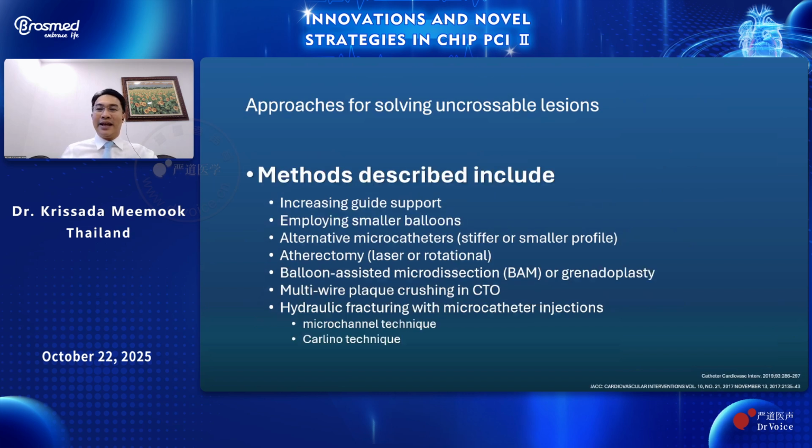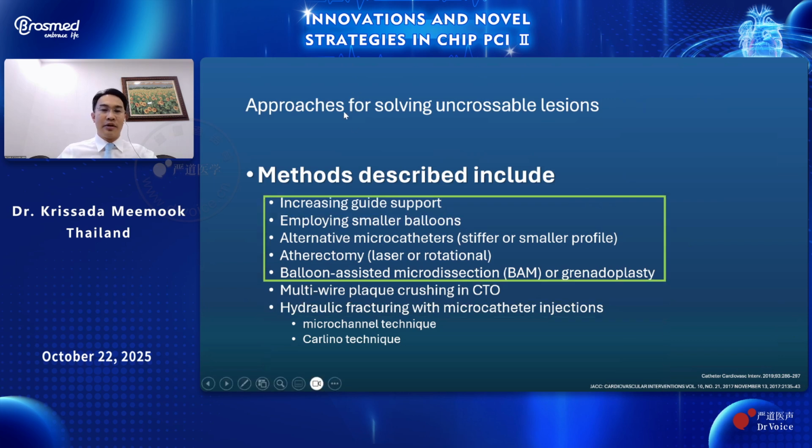What is the solution for the balloon uncrossable lesion? We have many options. One is we can increase the guide support, so we use the AL2 7 French. We may use guide extension, or we can choose a smaller profile balloon, and we can change to a smaller microcatheter if we can cross.